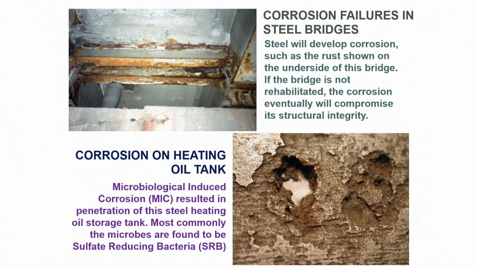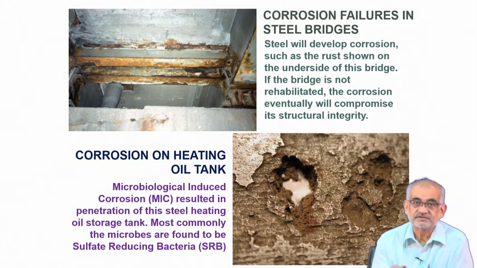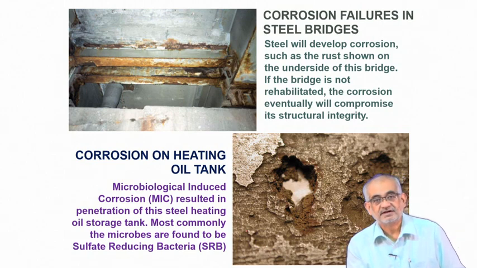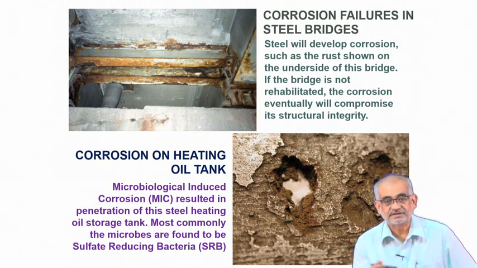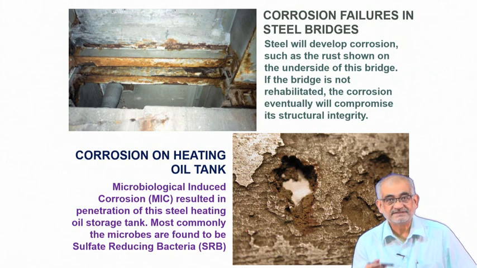And I told you already that there is always a danger if you have compositionally different members joined across a particular point, because now these two members, because of their compositional difference, can have different electrochemical potential, and as a result one can act cathodic in comparison to the other, which may be anodic, and the anode portion will start leaching or dissolving faster.